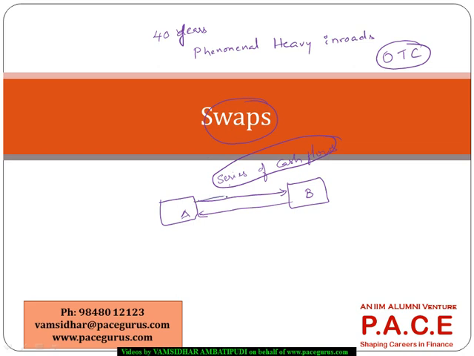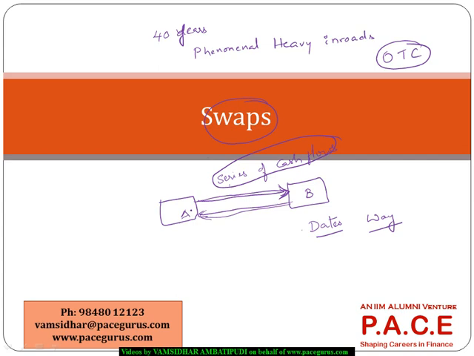A is agreeing to pay something to B, and B is agreeing to pay something to A, and this is not a one time payment. Generally it is a series of cash flows, so the dates on which the cash flows will be exchanged and the way in which the calculation of these cash flows will happen, both will be mentioned as a part of this swap agreement.